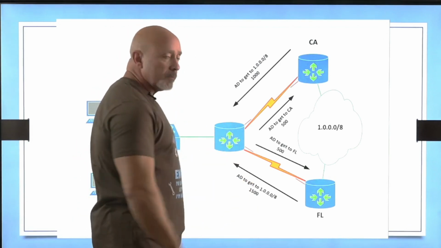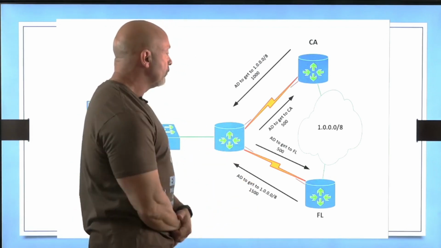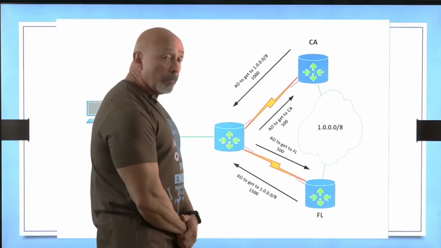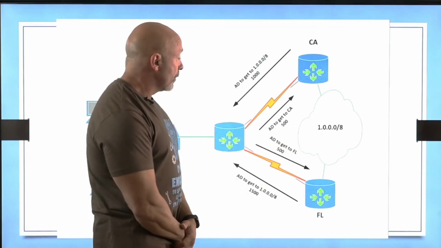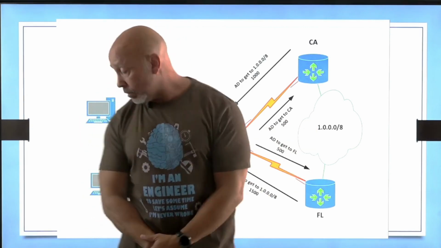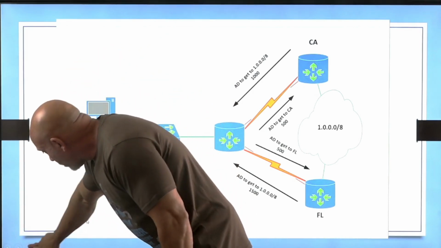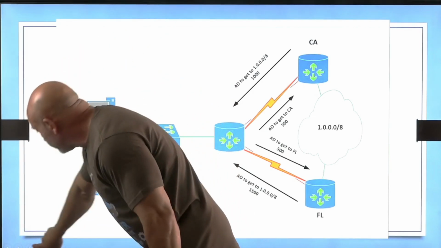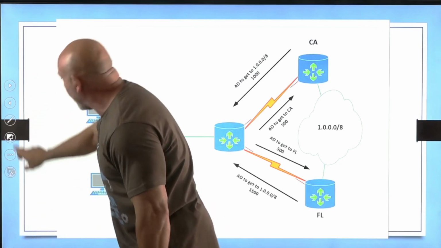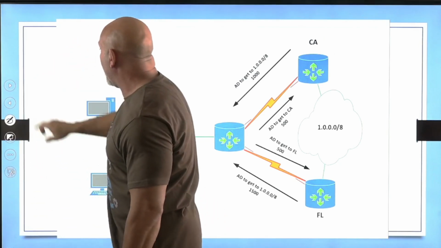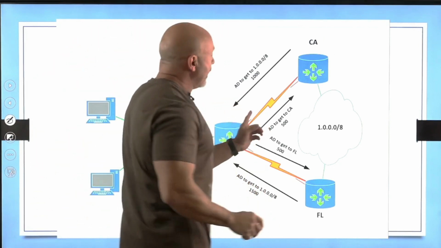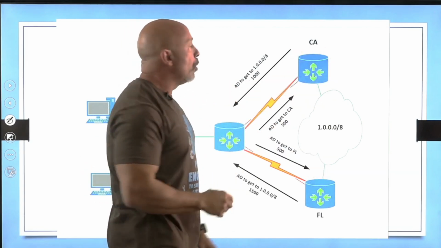So this router over here is saying, I want to get to that network, but which way do I go? So what is it that I do? Very simple. You're going to come here and get the pen out. So you're going to say, okay, if I go through California, what happens?